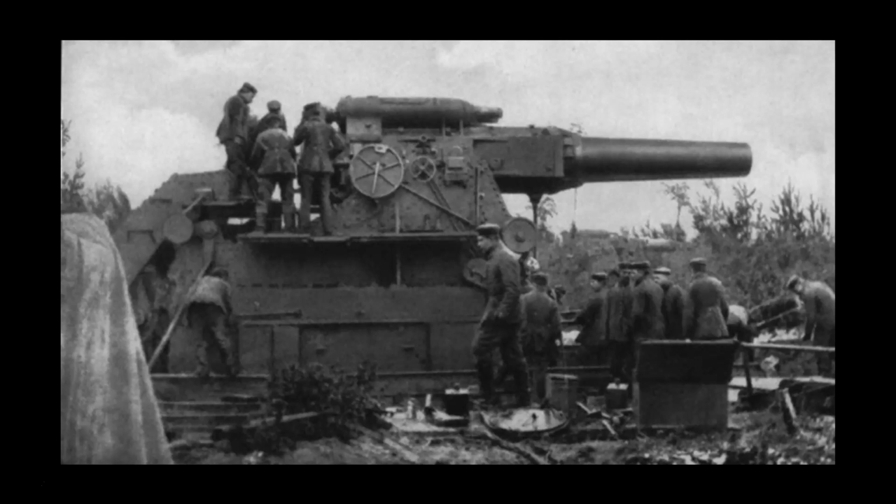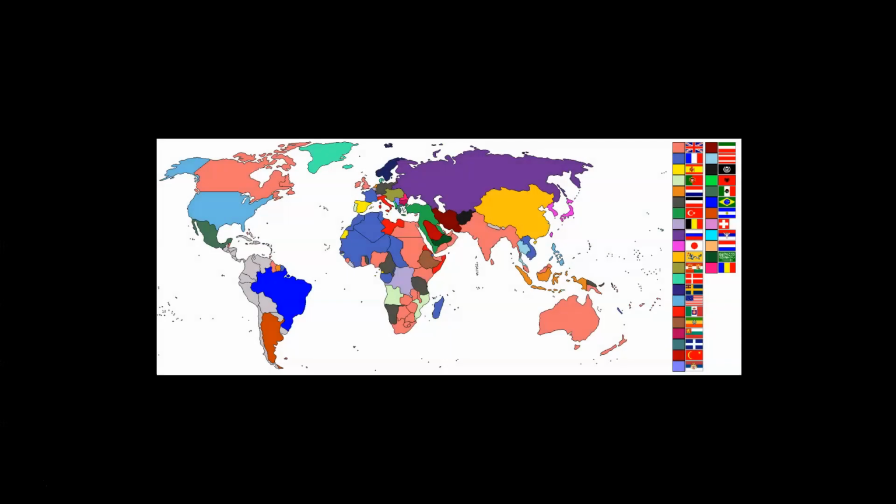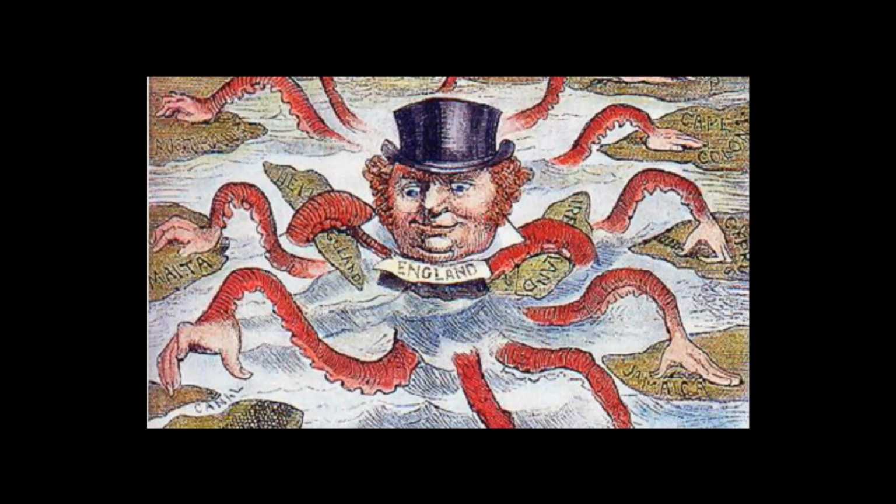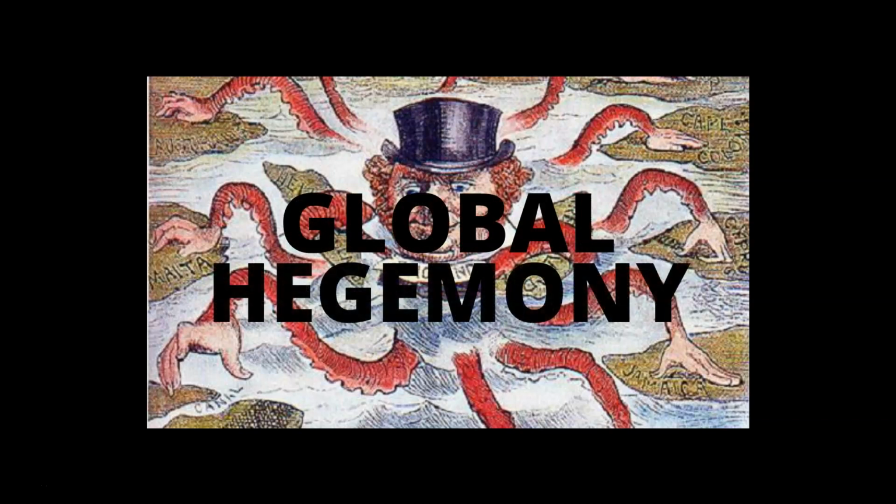But the crucial point for understanding how globalization happened is that this process of so-called modernization was an incredibly uneven one, largely favoring European powers and enabling them to achieve political and economic dominance of the world. This dominance was so widespread and effective that we call it global hegemony.